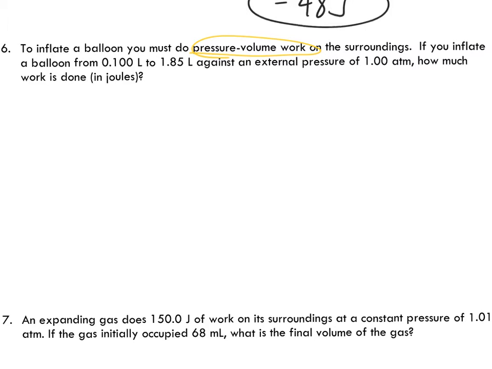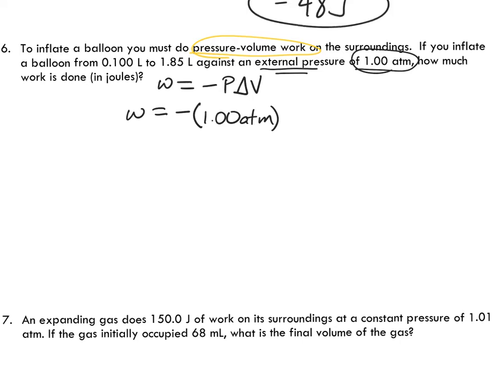The equation for pressure volume work is work equals negative P delta V. And the P in this particular problem always refers to the external pressure. That would be what the volume is expanding against. So the work is going to be equal to a negative 1.00 atm from the external pressure there.